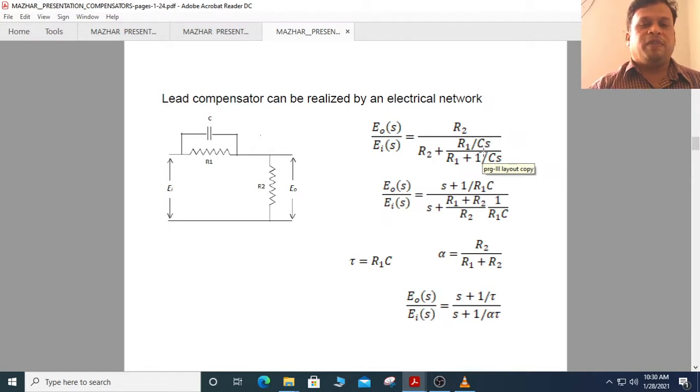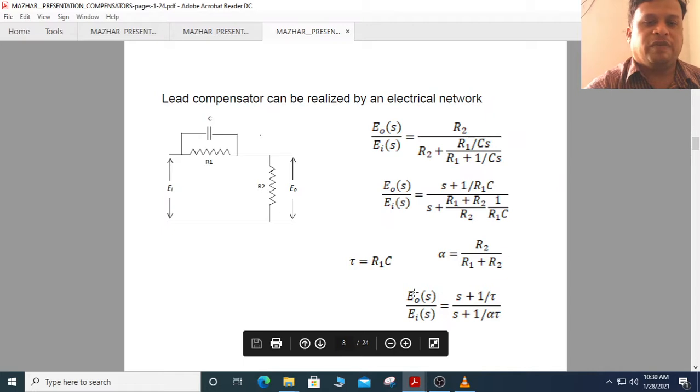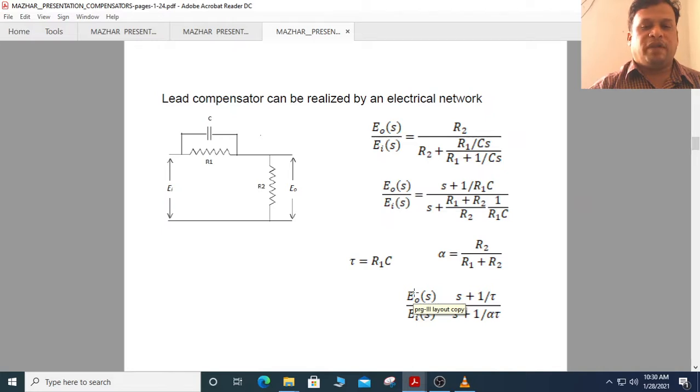So in this way, if you write the equation and solve it, reducing it to a simple equation, then we can write Eo(s)/Ei(s) = (s + 1/tau)/(s + 1/(alpha tau)). So this is the final equation. Eo(s)/Ei(s) = (s + 1/tau)/(s + 1/(alpha tau)) is the final equation for the lead compensator, which is realized as an electrical network.